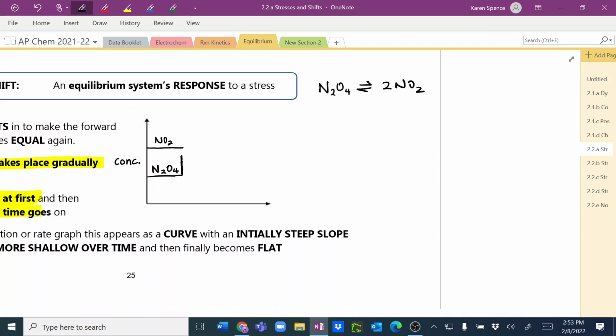Remind me, what did that do to the forward rate? It increased it. So this one got bigger, whereas this one remained the same. Yes?